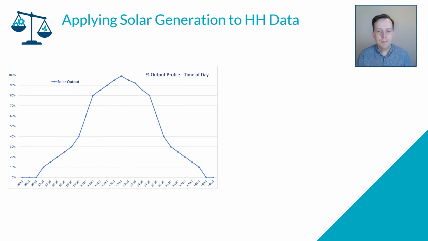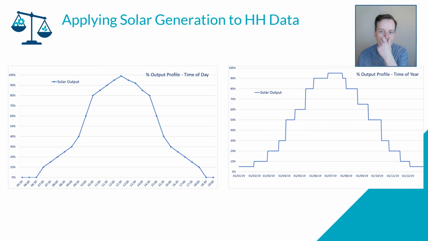So a little bit more detail on how those graphs were generated. We have a typical time of day profile. We start at 5:30, 6:30, we begin to generate some solar to a maximum peak at midday, and then it tails off where we drop off by 18:30.